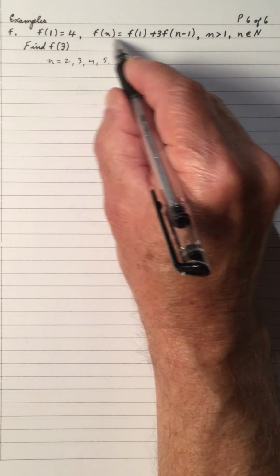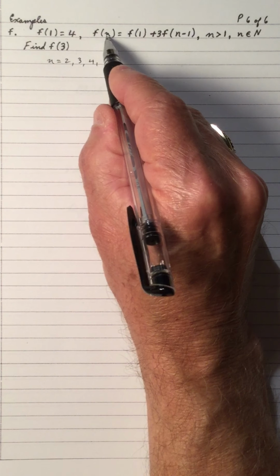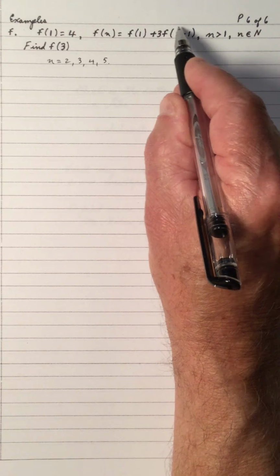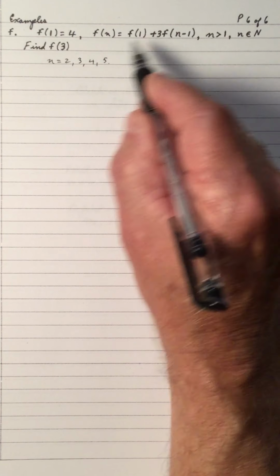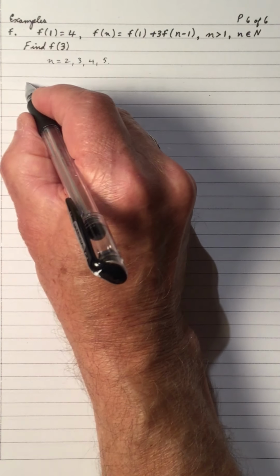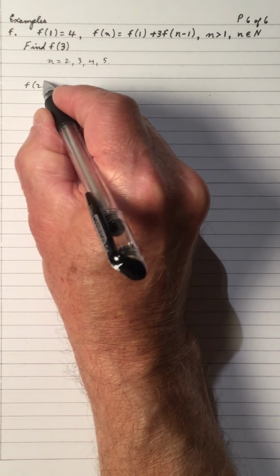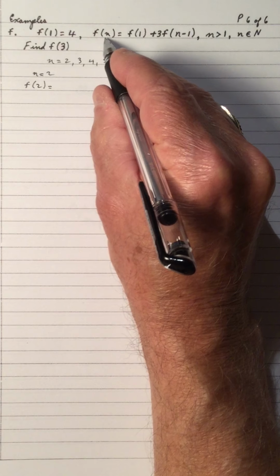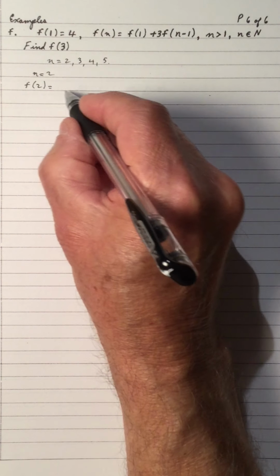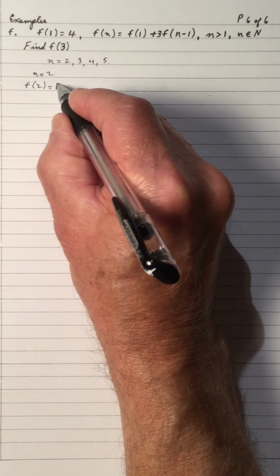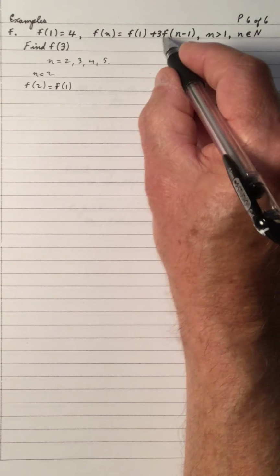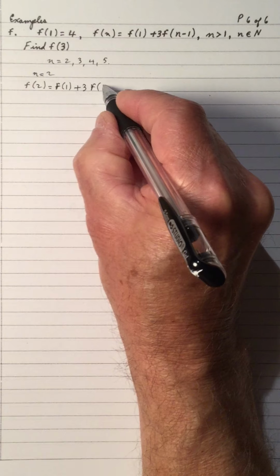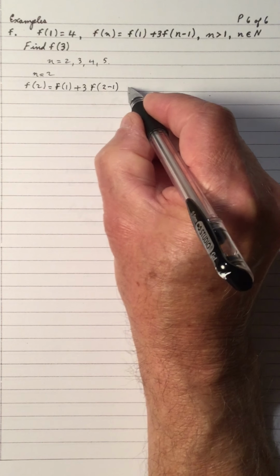If I put 3 here and 3 here, that's the f of 3 minus 1, which is the f of 2. So I don't have the f of 2. So I got to go and work out the f of 2 first. So that's when n is 2. So take the equation, f of 2 equals the f of 1 plus 3 times f of 2 minus 1.